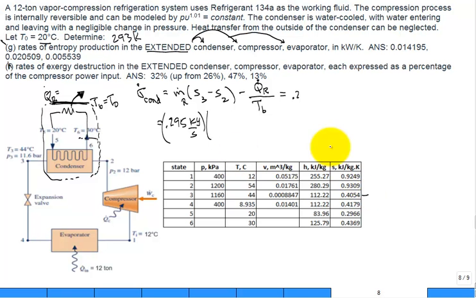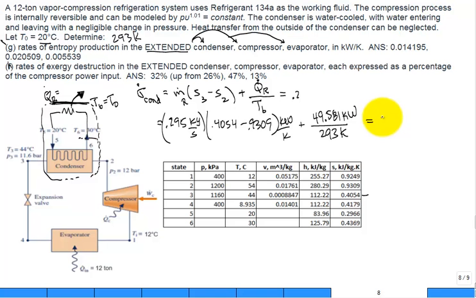Our S3, 0.4054 minus our S2, 0.9309 kilowatts per Kelvin, plus, this has to be a plus right here, plus the rate of heat transfer from the refrigerant leaving the condenser, which was 49.581 kilowatts divided by 293 Kelvin.